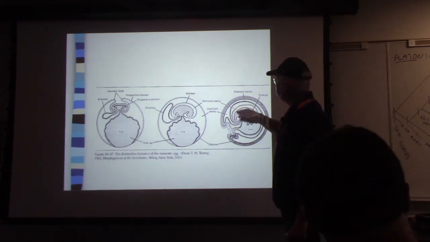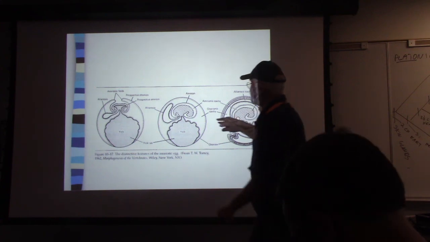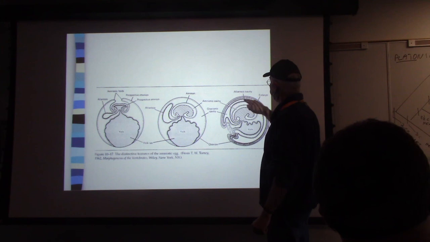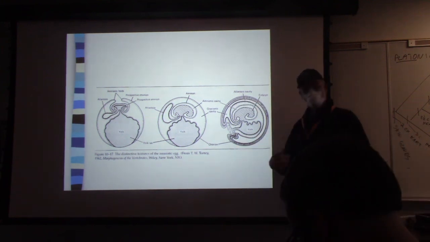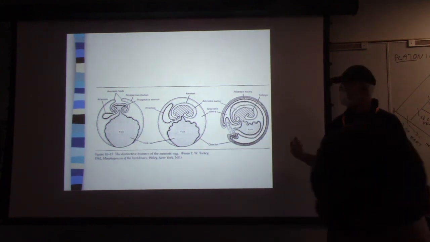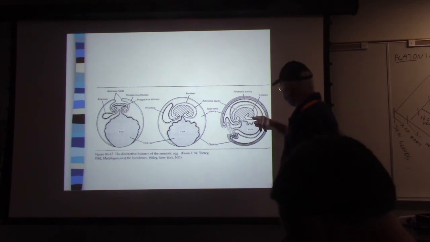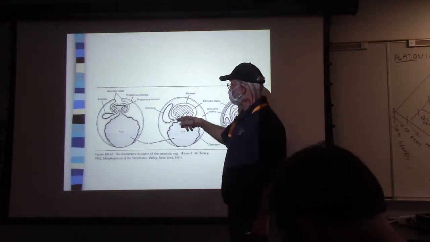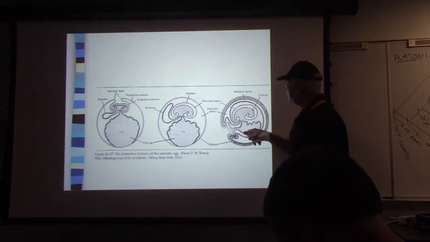Well, there's the amniotic sac, there's the allantois, right? So that allantoic cavity is basically this protective layer that goes around there. There's that amniotic sac, that protective layer that goes around the embryo. What's happening is that all the waste material is going into the allantois.